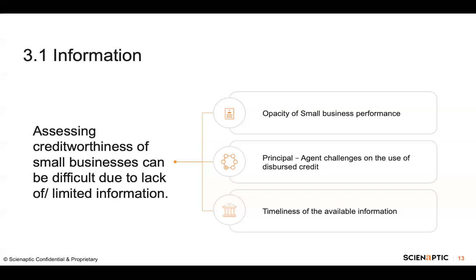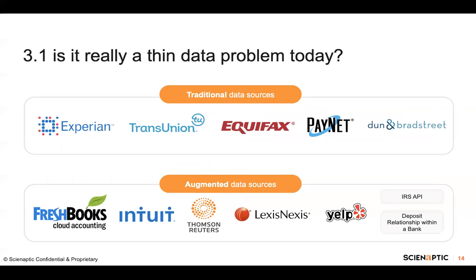Now, the key question to ask is, is this really a thin data problem as of today? Of course, traditionally, the banks have looked at a variety of sources, all three major bureaus together with PayNet and Dun & Bradstreet.